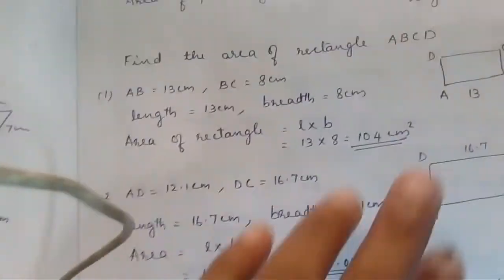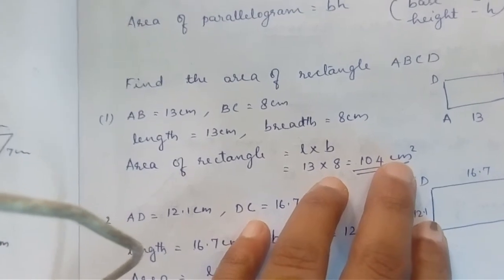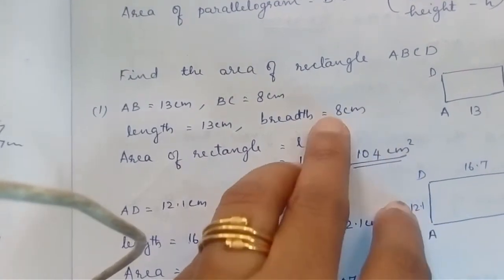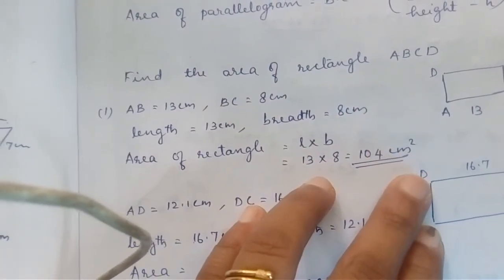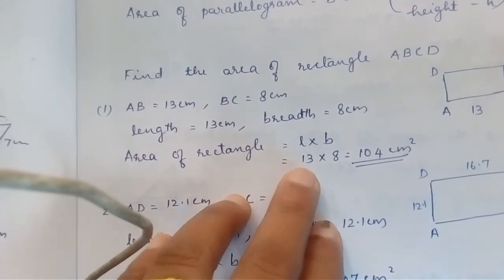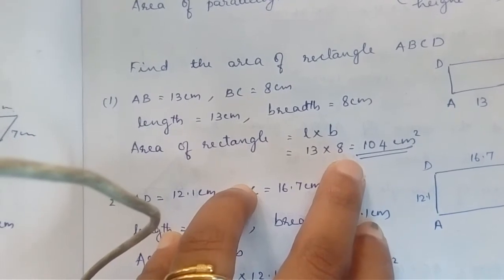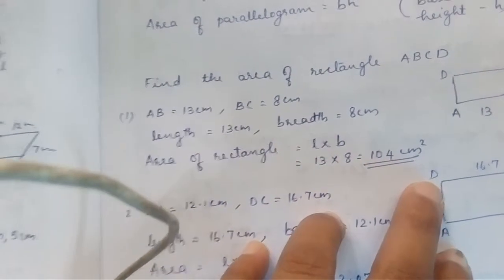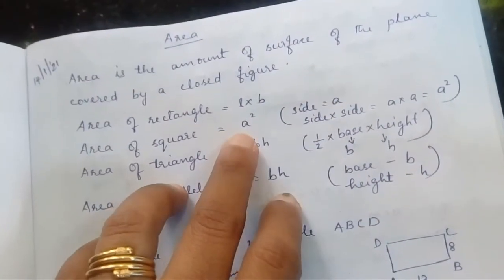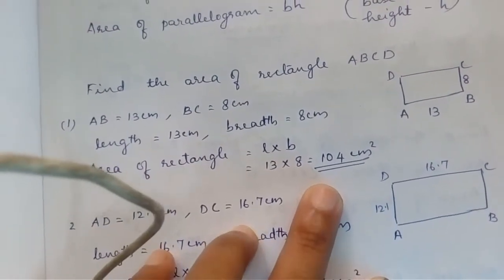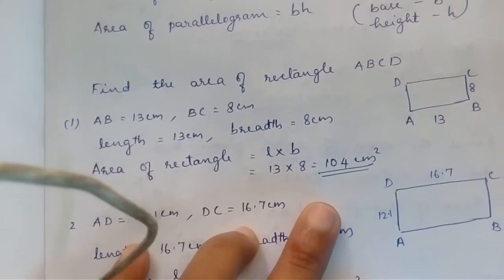Multiply it and see the unit for the area is square unit. It is given in centimeter, so it is centimeter square. You see how it comes, 13 centimeter into 8 centimeter. So centimeter into centimeter becomes centimeter square, just like A into A is A square.